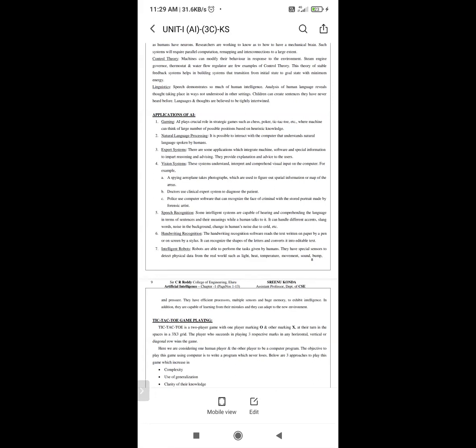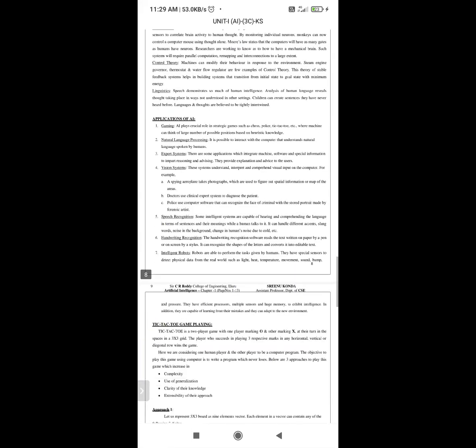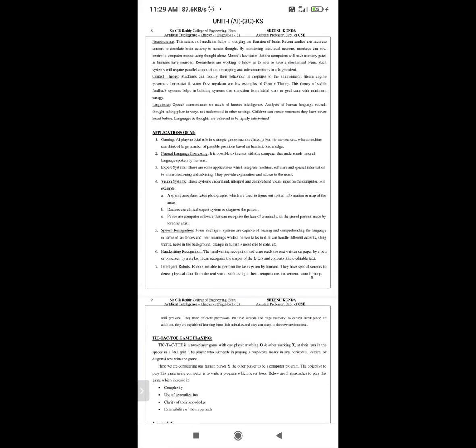Next one is handwriting recognition. The handwriting recognition is nothing but the system recognizing the handwriting, right? The handwriting recognition software reads the text written on paper by a pen or on the screen by a stylus pen.